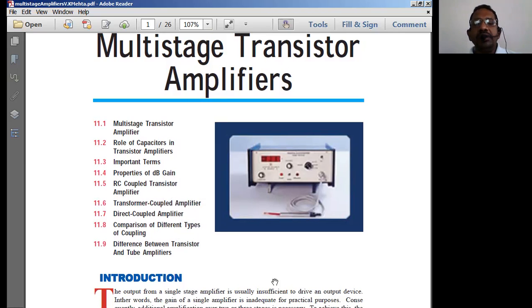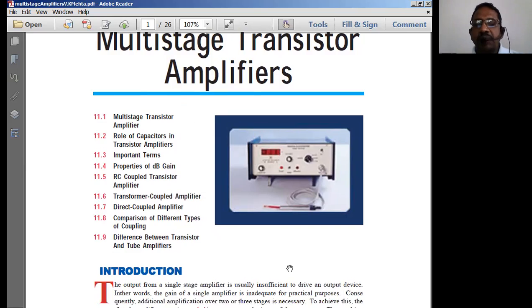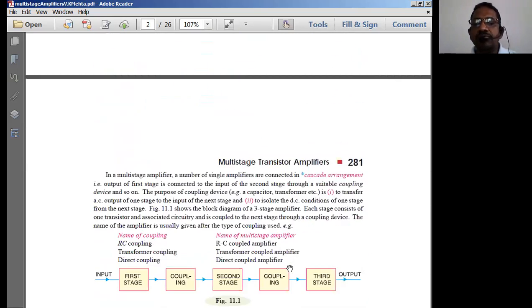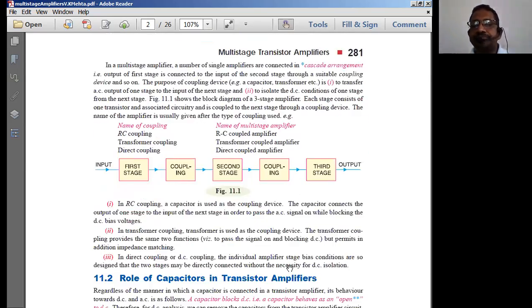So what do you mean by multi-stage amplifier? A multi-stage amplifier is nothing but an interconnection of two or many amplifiers connected in a chain, one after the other.